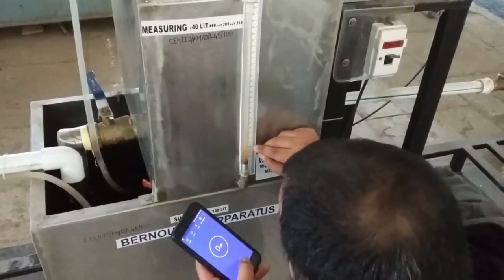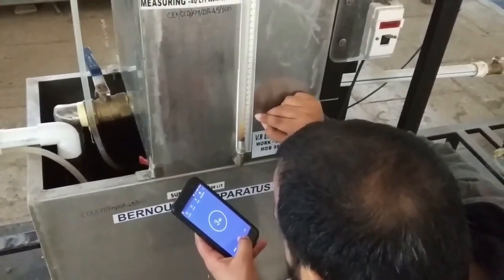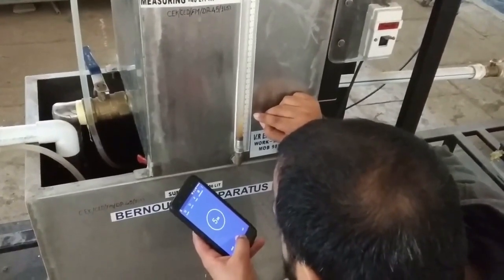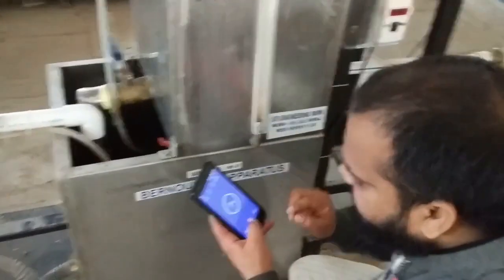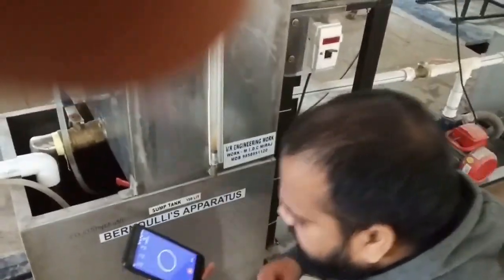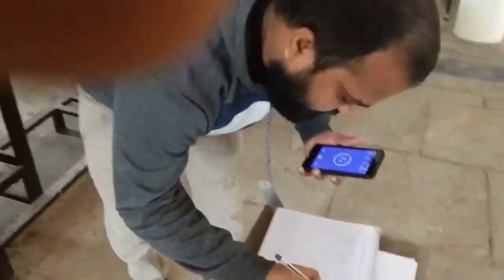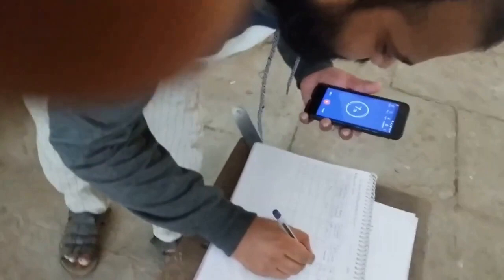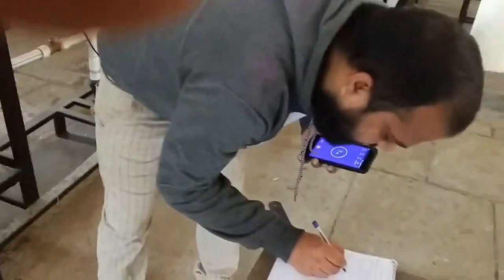Here is the start, and stop. Around 7.74 seconds is the time. So the first reading is 7.7 seconds.